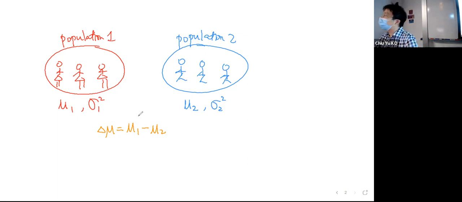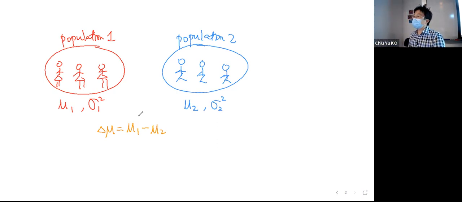Suppose population 1 is the sales from the online shops. Population 2 is the sales from the offline, right? You want to see whether the offline is selling more than online, right? Because you want to see whether you want to put money on advertising on the online or offline store, right?